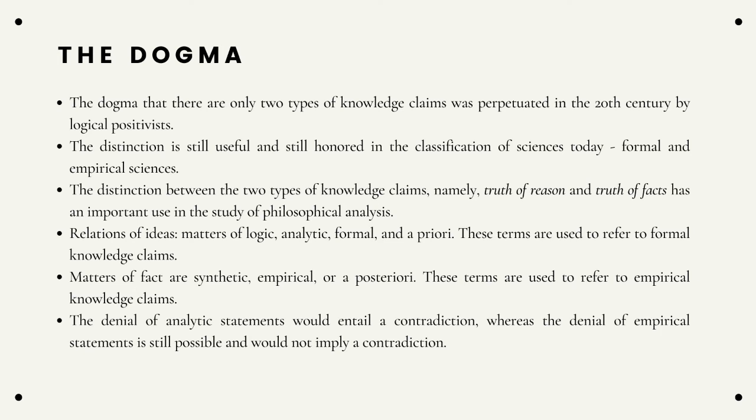And while the distinction remains controversial in philosophy, it is still useful and honored in the classification of sciences today, the formal and empirical sciences. And that this distinction has an important use in the study of philosophical analysis.